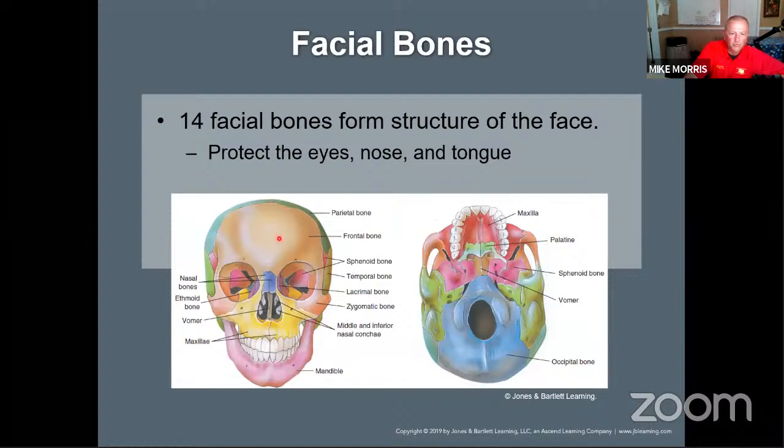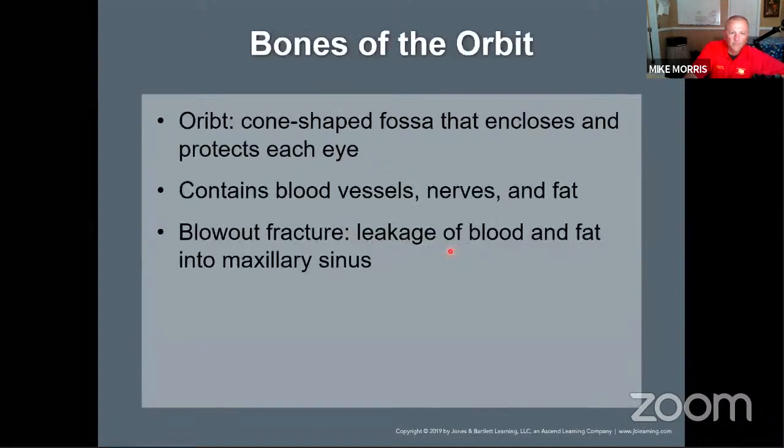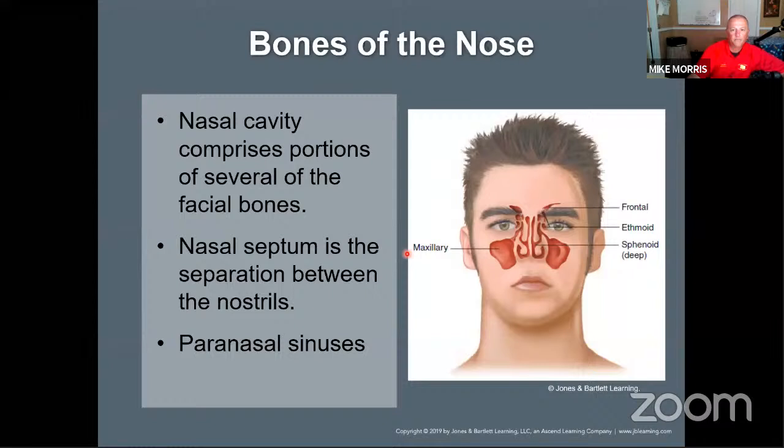Here's your facial bones. Blowout fracture right here. Leakage of blood and fat into the maxillary sinus. I would know that ethmoid and sphenoid.